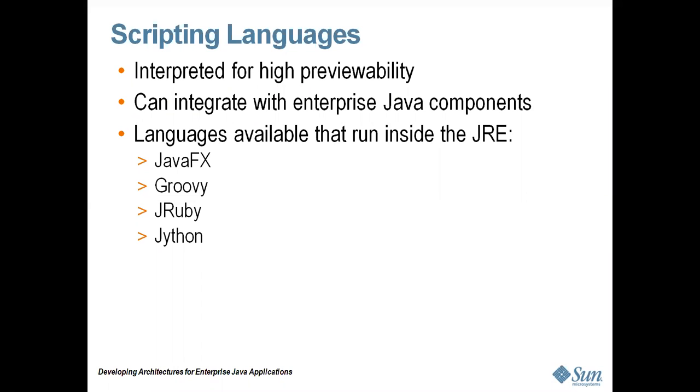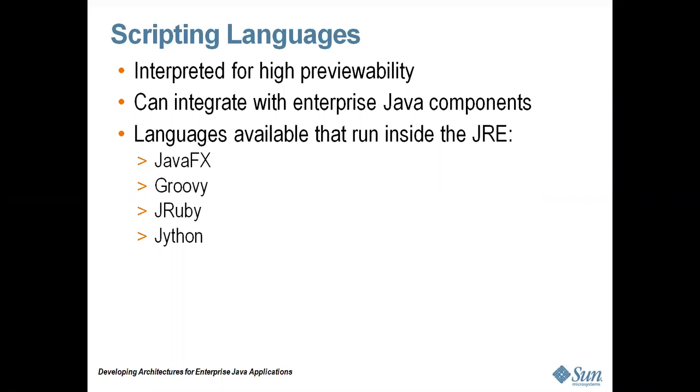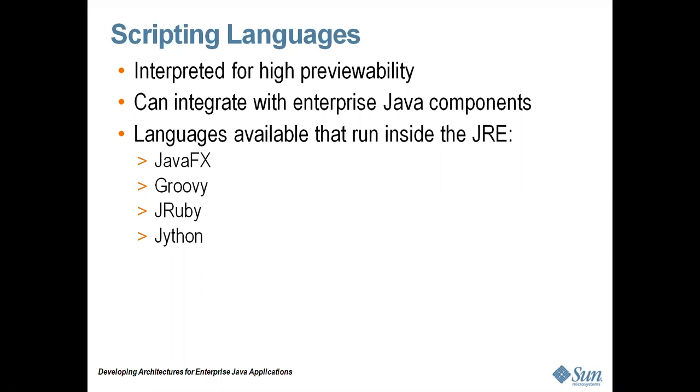For example, Jython is the Python language running in the JVM, in the Java runtime. So in Python you can call a Java class or a method. This is very useful when something is very easy to complete in one language but hard to create in another. At that time you need to integrate. That's one thing you need to remember.